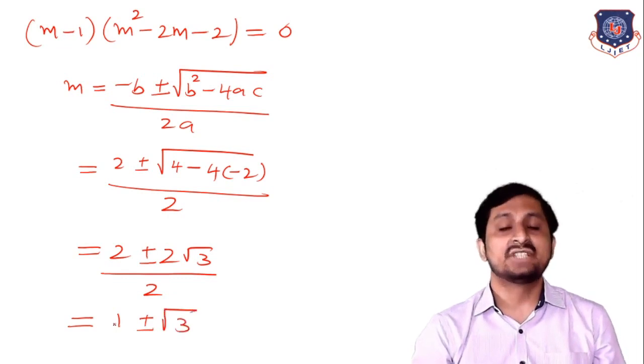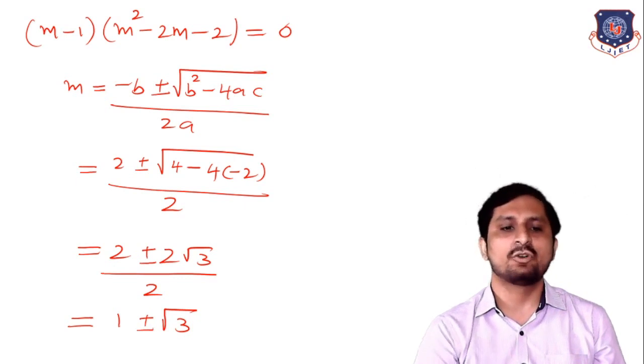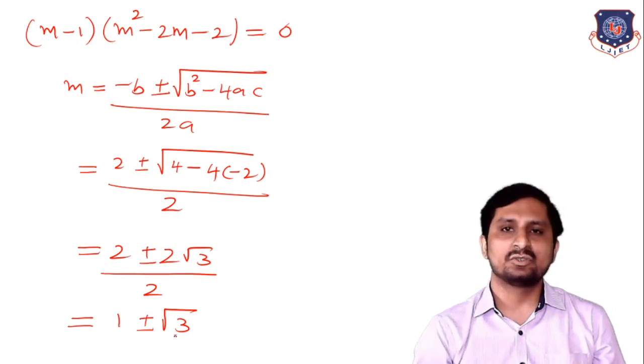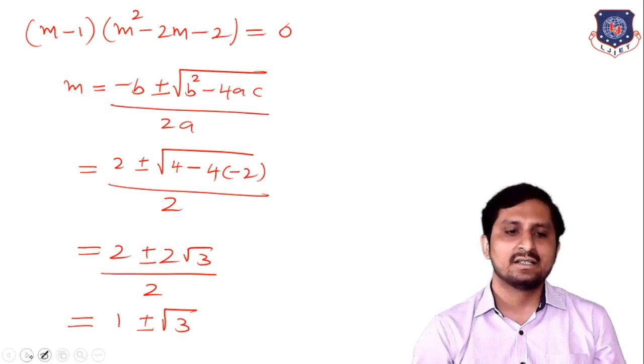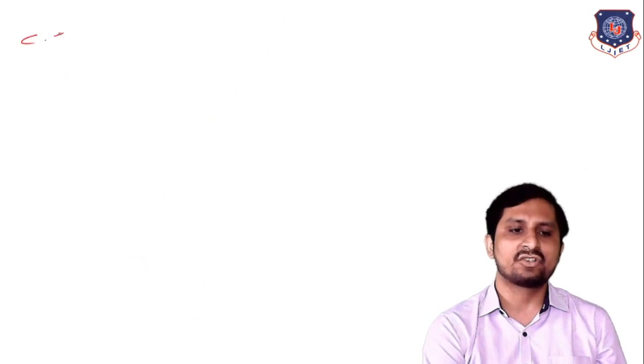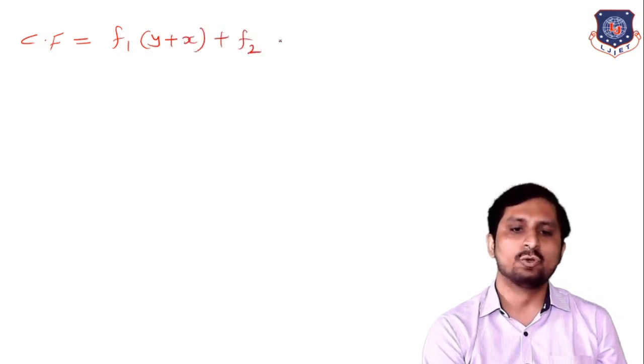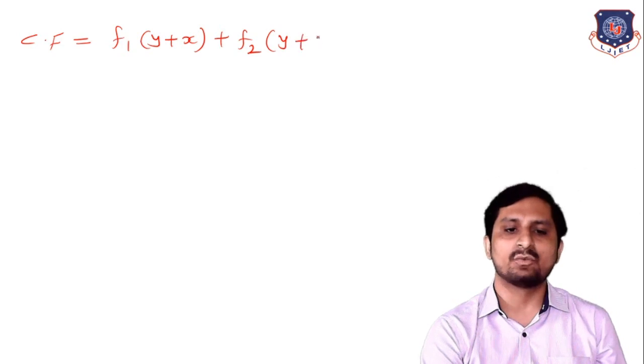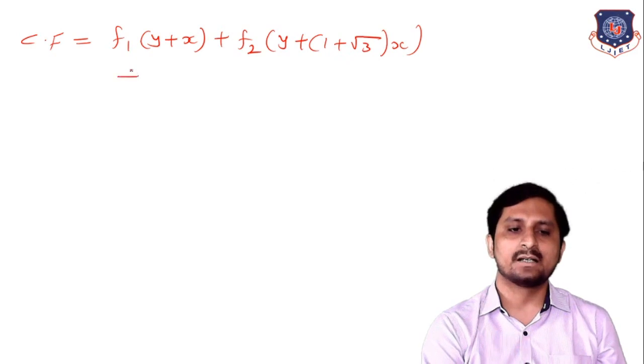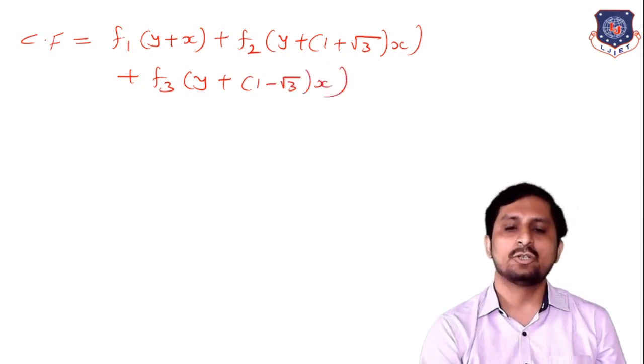So now we have 3 roots, and all 3 are different. The first root is m equal to 1, the second is 1 plus root 3, and then 1 minus root 3. So I can write the complementary function as f1(y + x) + f2(y + (1 + root 3)x) + f3(y + (1 minus root 3)x).